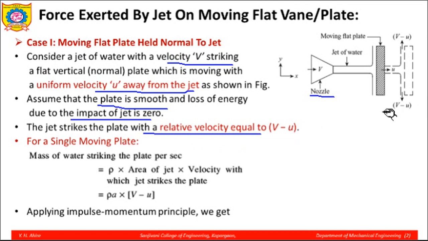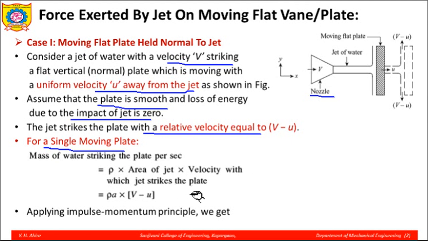Now this is the case of a single moving plate. So for a single moving plate, the mass of water striking the plate per second is calculated as rho into area of the jet into the velocity with which the jet strikes the plate.